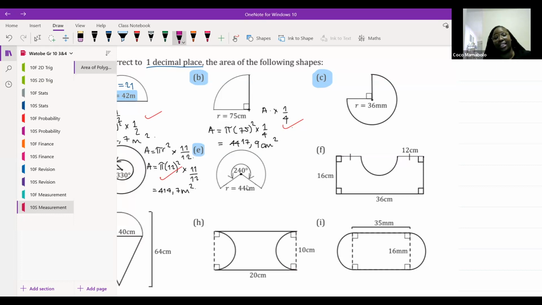Correct. That's it, Nico. Excellent. This shape over here is made up of a rectangle and a semicircle. Now, has the semicircle been added to the rectangle, or has it been taken away? Correct.